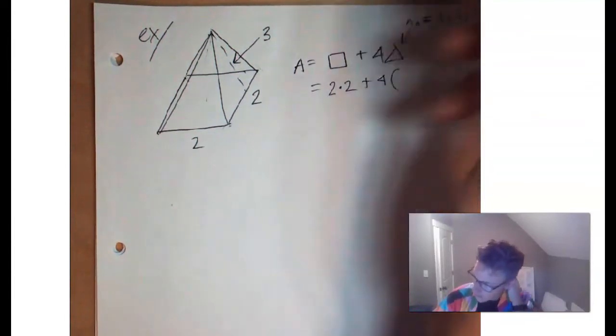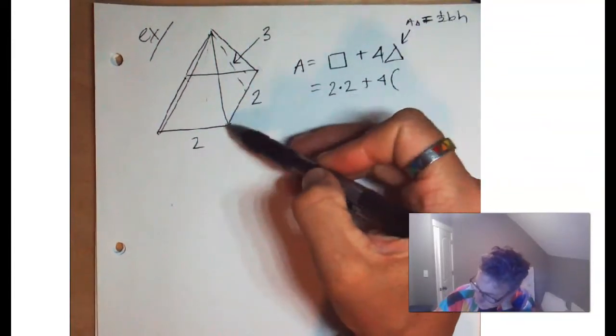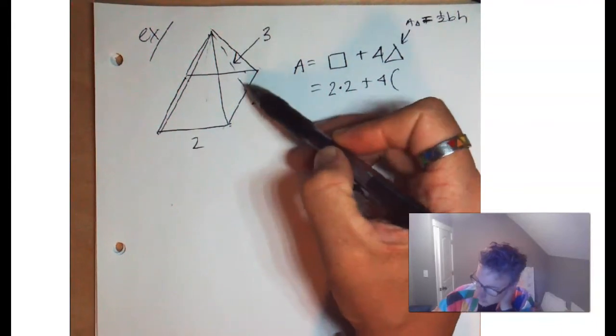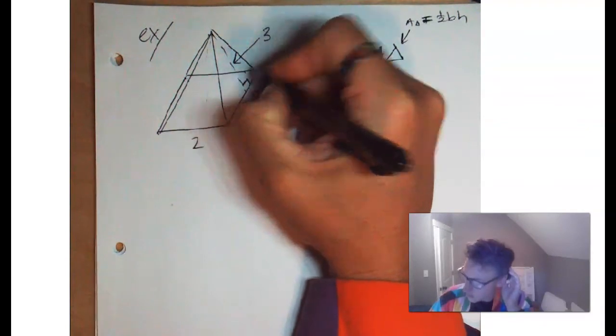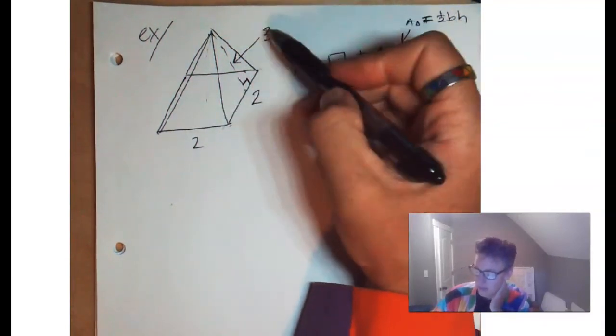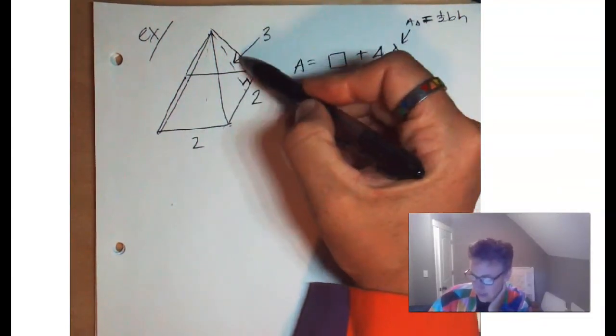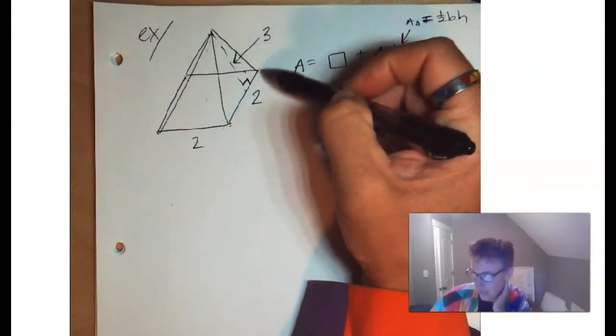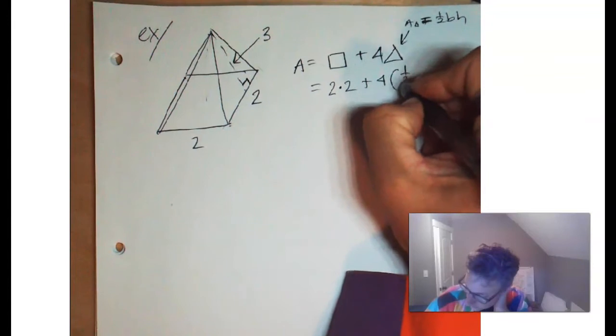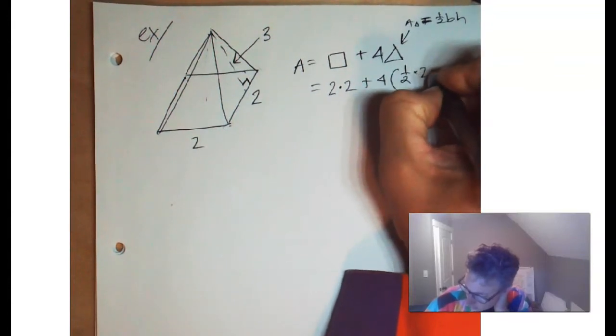Great. What is the base of this triangle? It's 2. What's the height of this triangle? The slant height, by definition, is always perpendicular to the base, so that's the number that we want. So that slant height is 3, so the height of the triangle is 3. So 1/2 times 2 times 3.